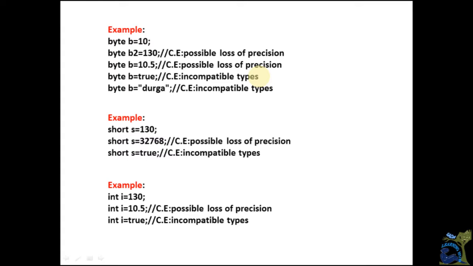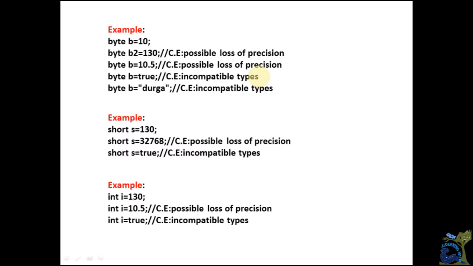Short s is equal to 32768 is a possible loss of precision, because the maximum value of short is 32767 only, not 32768. Short data type is best suitable for 16-bit processors like 8086, but these processors are completely outdated and hence the short data type is also outdated.